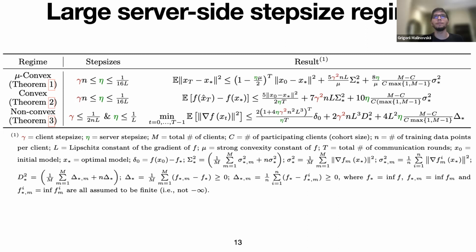Of course, we have some differences in the first term because we use different assumptions on function, but overall the main message is the same for all settings. So I think it's more or less clear.